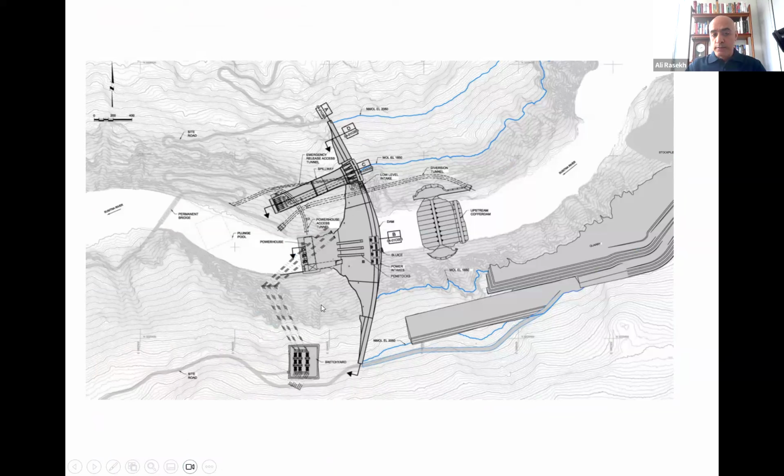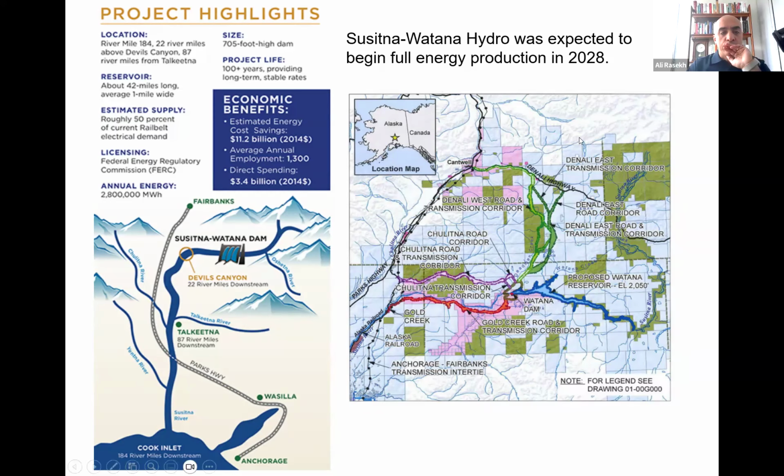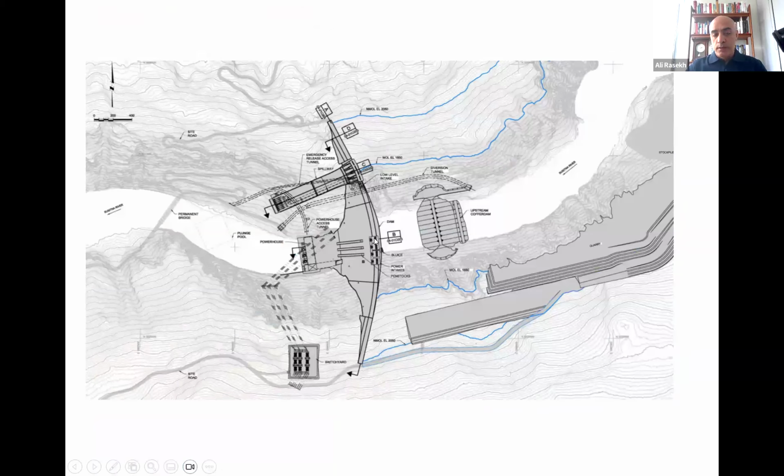And schematics of the dam. I don't know if the previous one had the dimensions as well. The size is also the height. The height is order of 700 feet, which is over 200 meters. For us structural civil people, we are interested in the sizes. So that was planned to be a relatively tall dam, but it's not completely an arch dam. It is arch shape, but it also has a lot of weight.